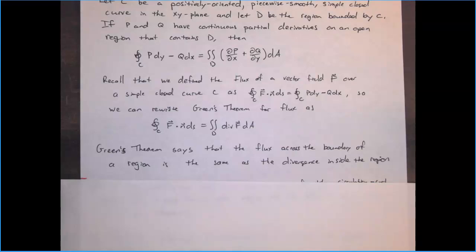So both of these Green's theorems, both for circulation curl and for flux divergence, are two-dimensional versions of the fundamental theorem of calculus. And if we have time this semester, we're going to get to three-dimensional extensions of both of these versions of Green's theorem. So for the circulation curl version of Green's theorem, if you move that to 3 dimensions, that's called Stokes' theorem.